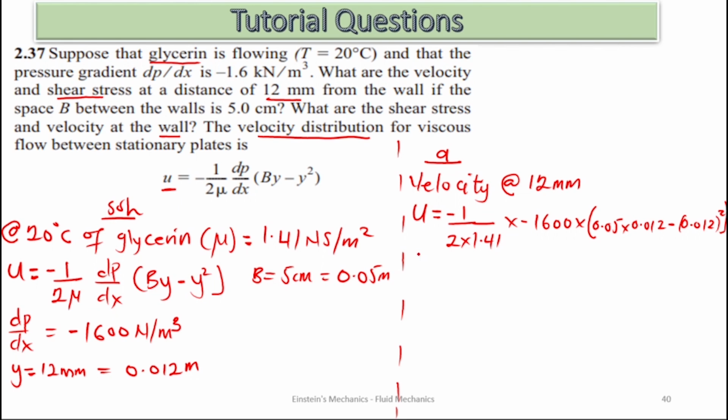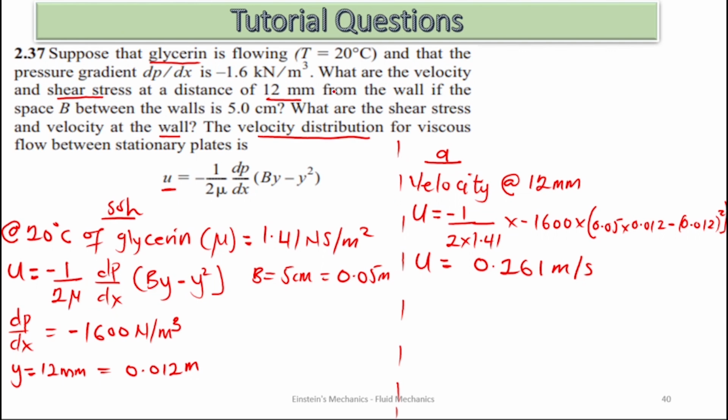When you punch everything in, you get your velocity at 0.261. Remember, velocity is meter per second. So with the parameters given at 12 millimeter from the wall, the velocity is 0.261 meter per second.